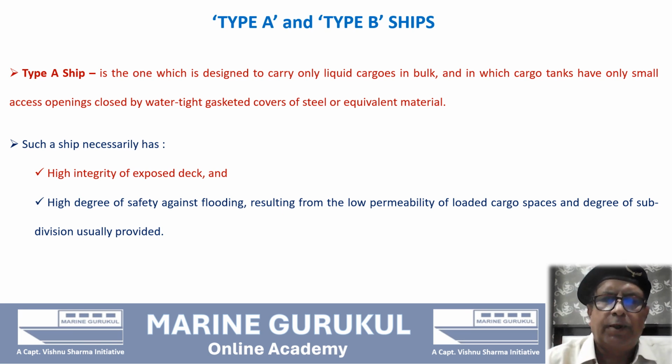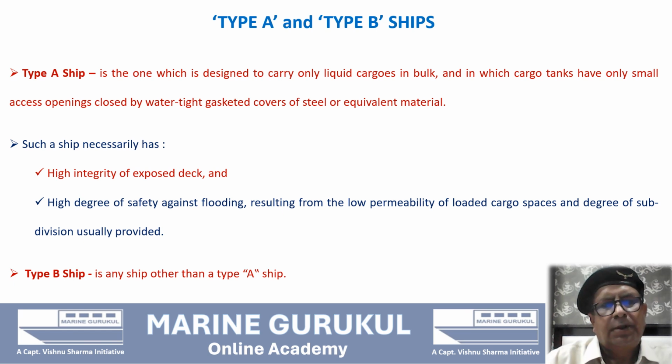Such ships usually have one or two longitudinal bulkheads as well. So they have a higher degree of subdivision, and the liquid in the tank fills up the space completely, and therefore the permeability of the cargo spaces in the loaded condition is relatively much lower than in dry cargo ships where you have broken stowage.